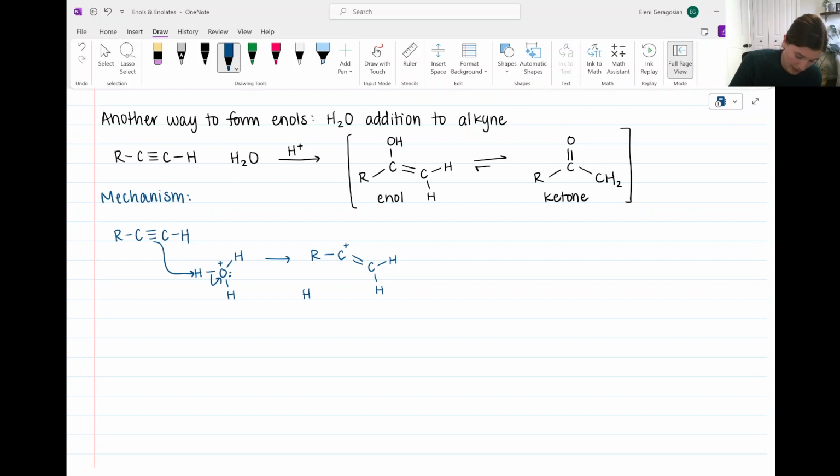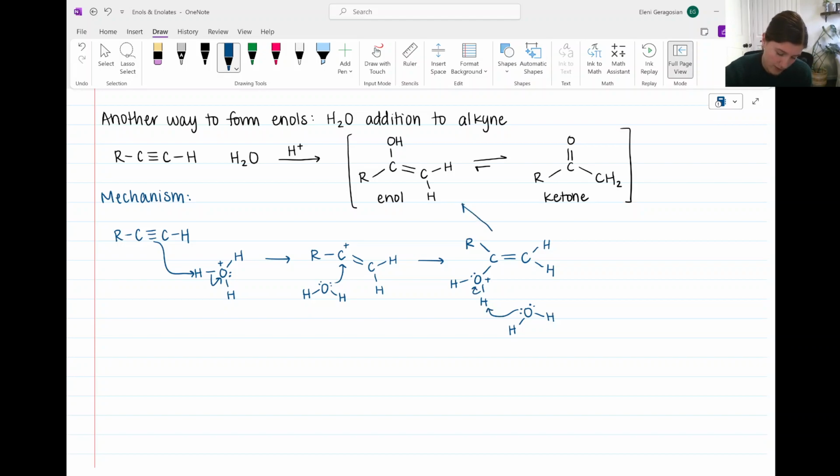And then now water will add to that carbocation carbon, and then we will deprotonate. So we can deprotonate with neutral water. And this forms that enol product there.